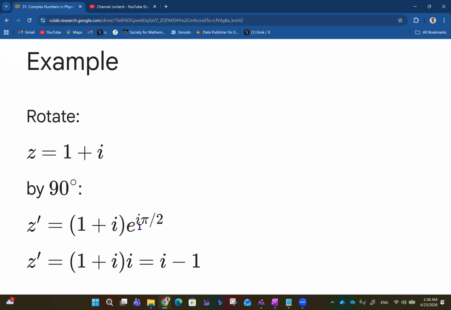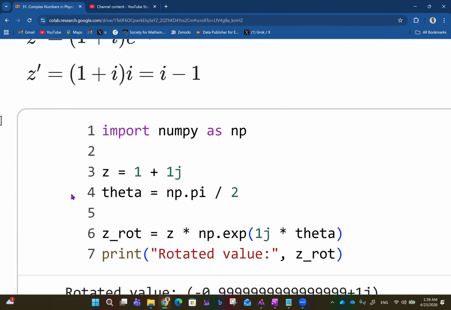That's like multiplying by cos 90 plus i sin 90. Sin 90 is 1, but cos 90 is 0, so that's why you have this i left here. So you now have 1 times i times i, which is minus 1. So z prime now is 1 minus i. So you have that rotation by 90 degrees.